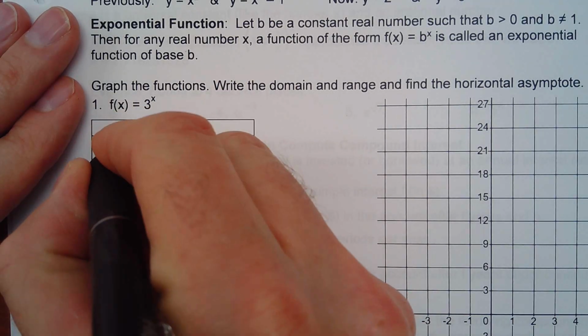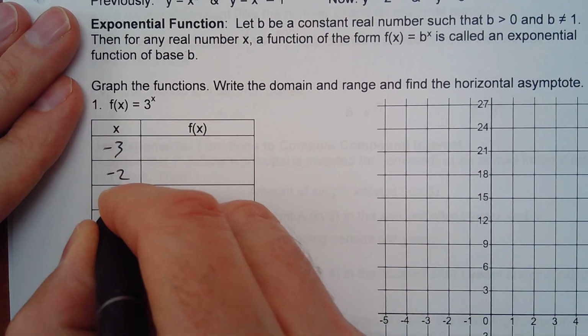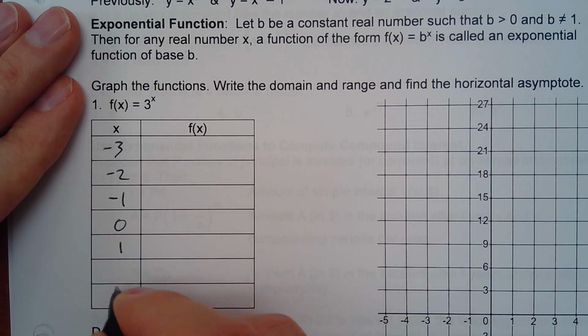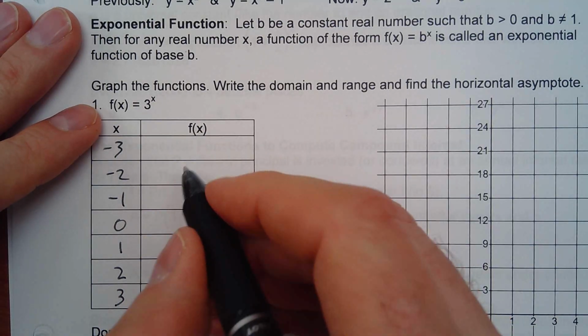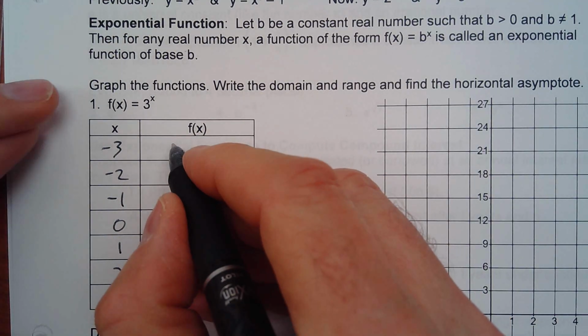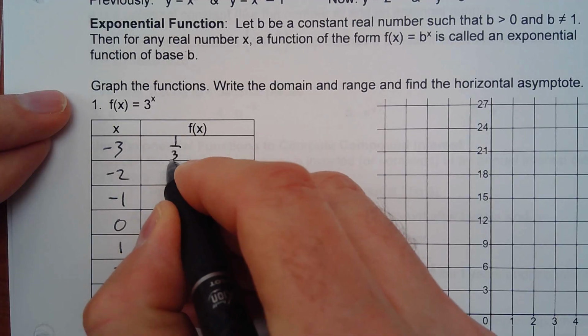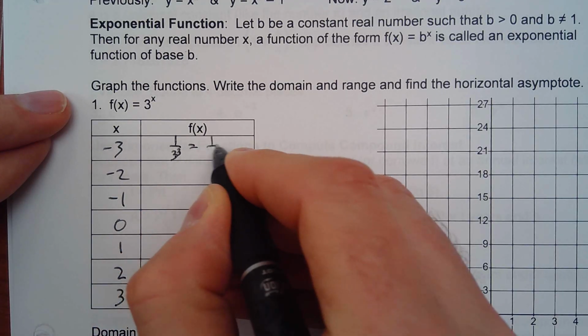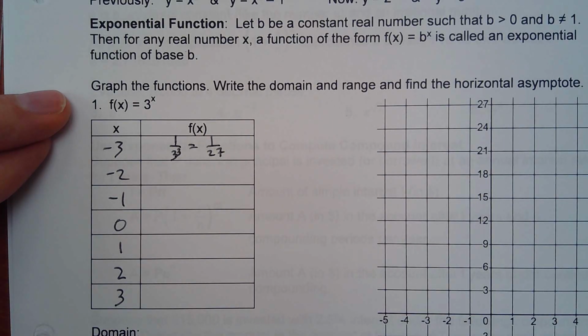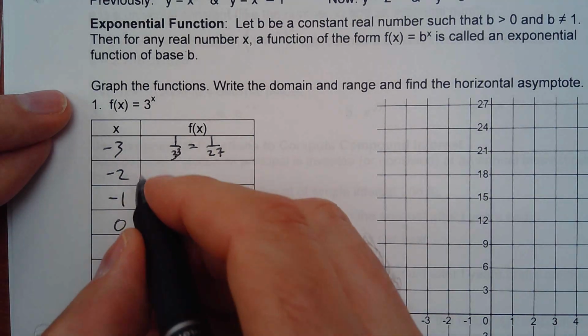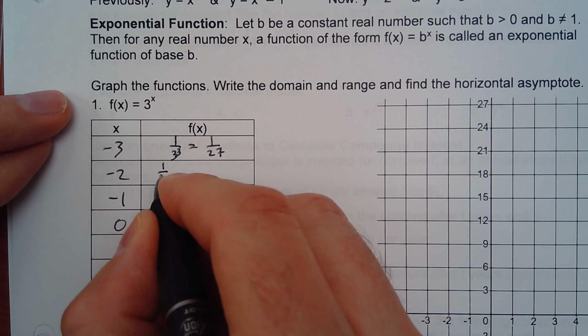So I'm going to take my -3, -2, -1, 0, 1, 2, and 3. 3 to the -3, again I flip it, it's 1 over 3 to the third. That's 1 over 27. 3 to the -2 is 1 over 3 squared.